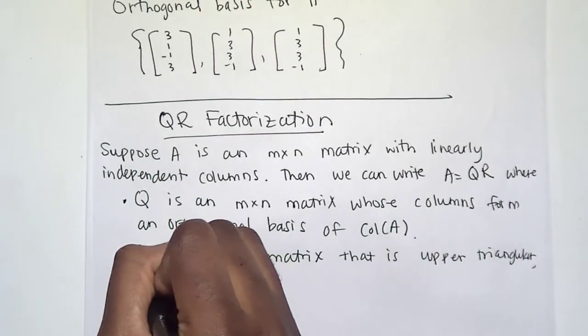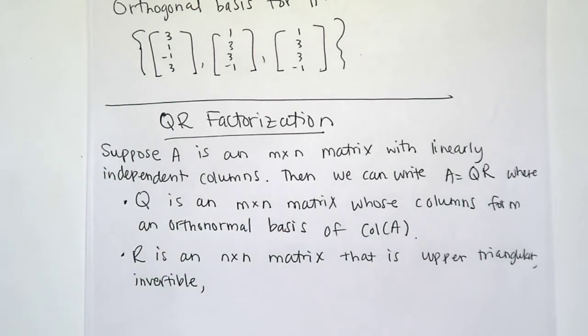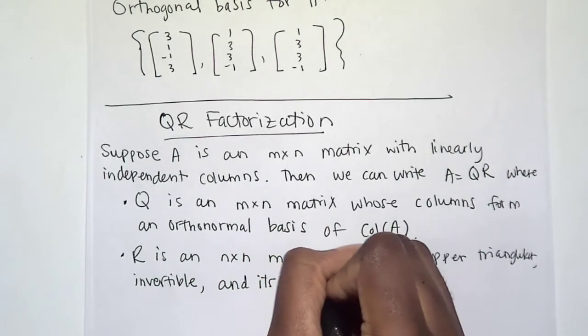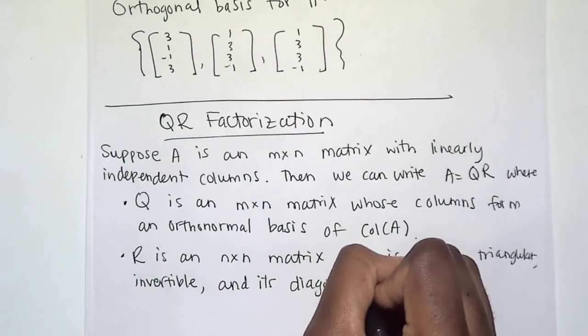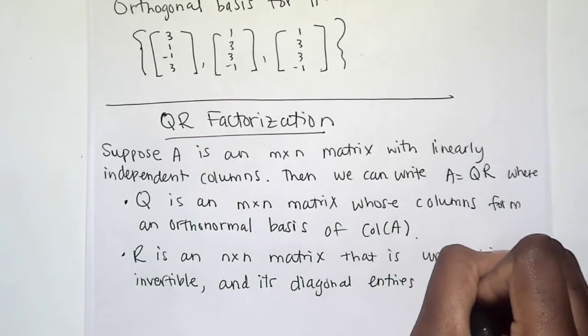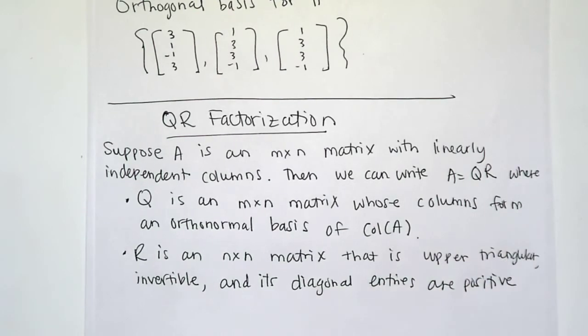It also needs to be invertible, and its diagonal entries must be positive. All right, so this would be the result of our QR factorization here.